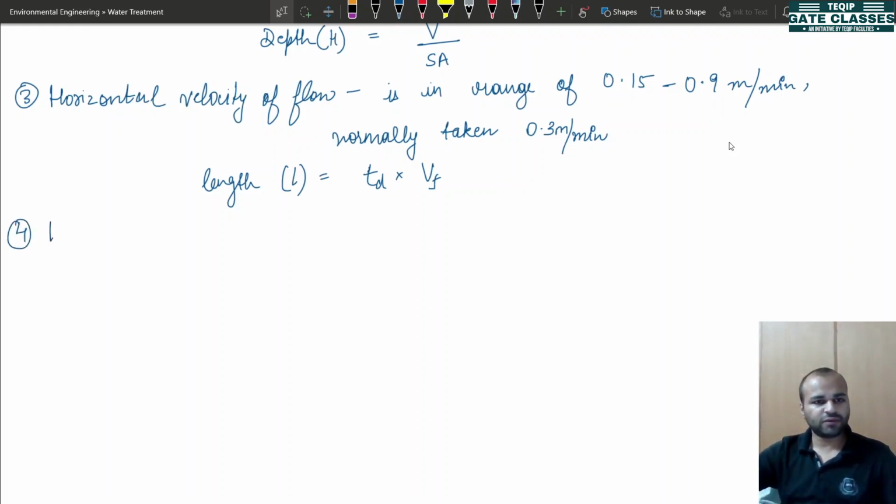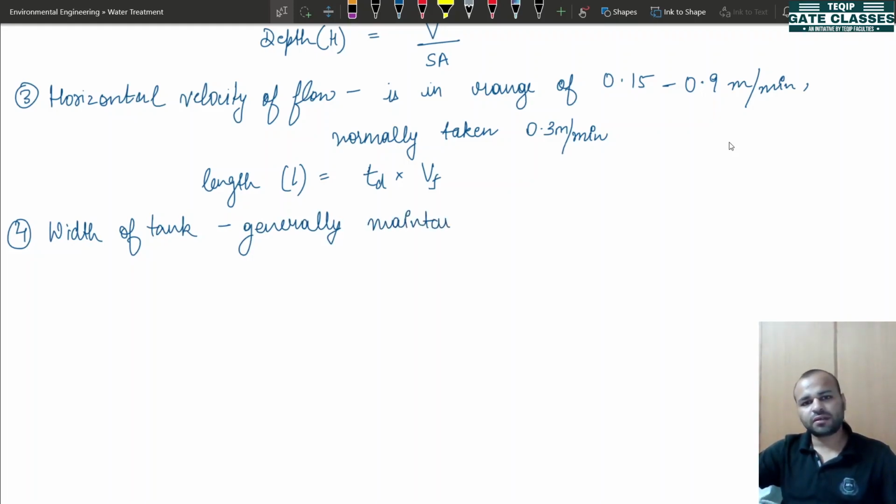Next, we have the width of the tank. Now, it is generally maintained, mind it, all these values are from the water supply manual, generally maintained in the range of 10 to 12 meters.